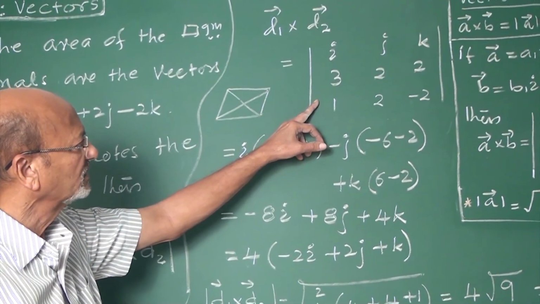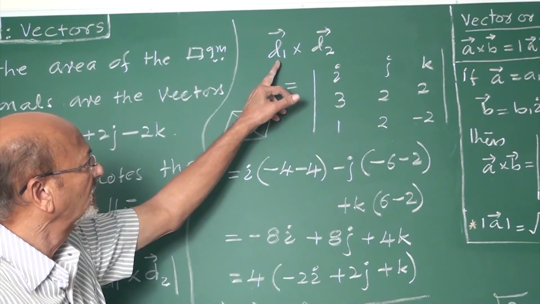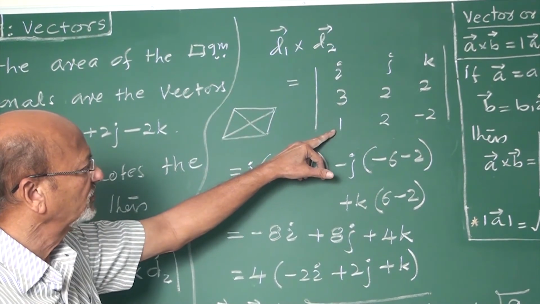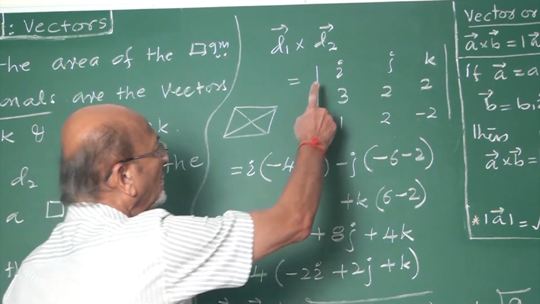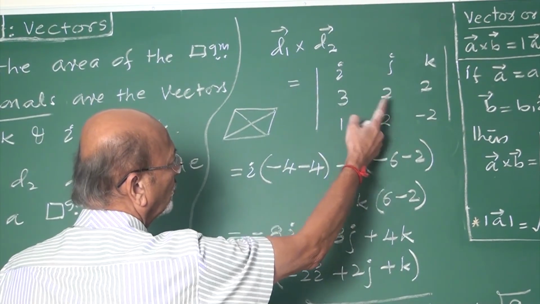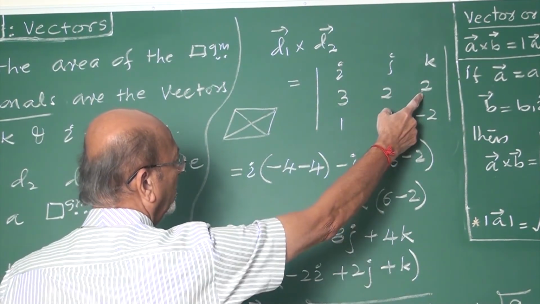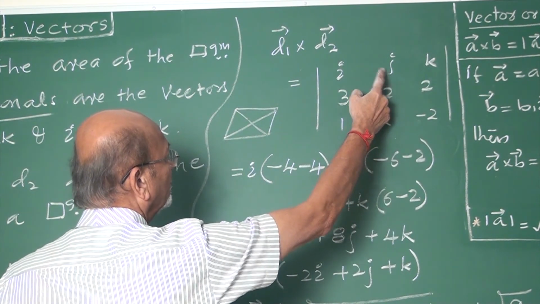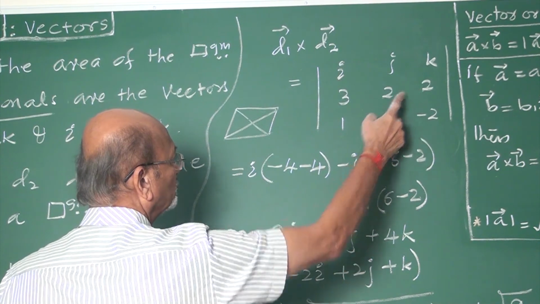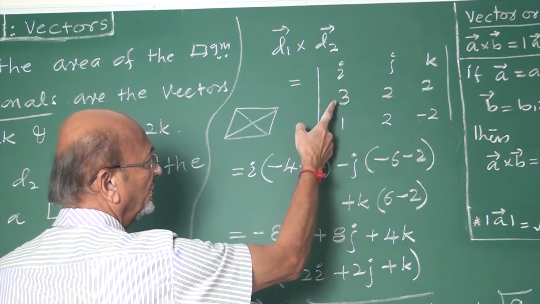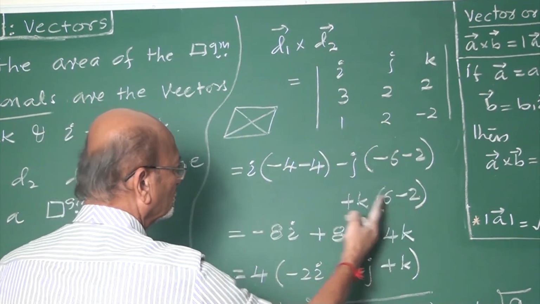Again, determinant written i j k, components of d1, components of d2. Evaluation of the determinant: i into, leave the elements of the first row, first column, minus 4, minus j into, first row, second column, minus 6, minus 2, plus k into 6 minus 2.